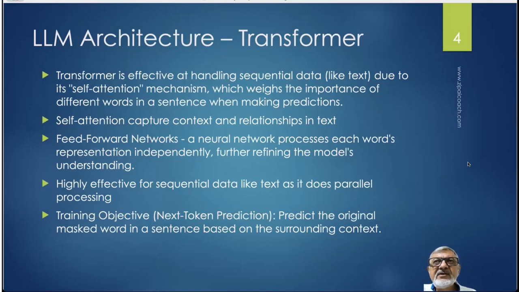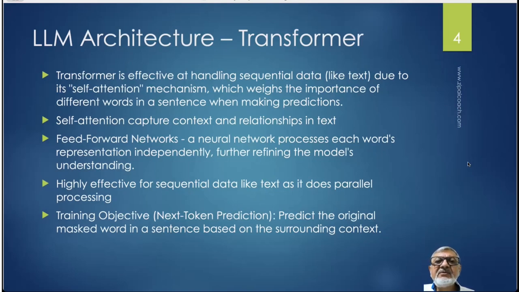Suppose a sentence talks about a kettle moving, and the next part of the sentence says it's eating grass. So it recognizes the meaning of 'it' is about the kettle. The self-attention mechanism helps us to achieve its objective. It creates the context and the relationship of various words in the text.